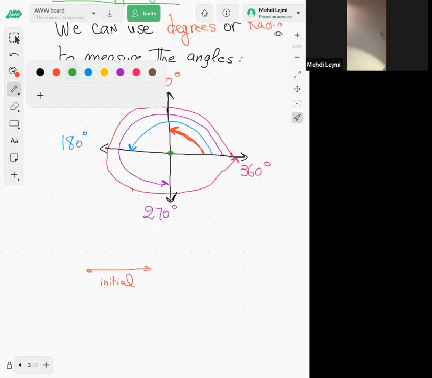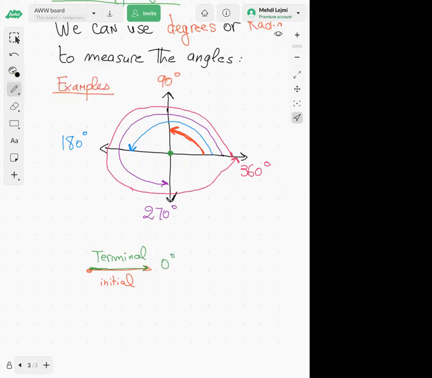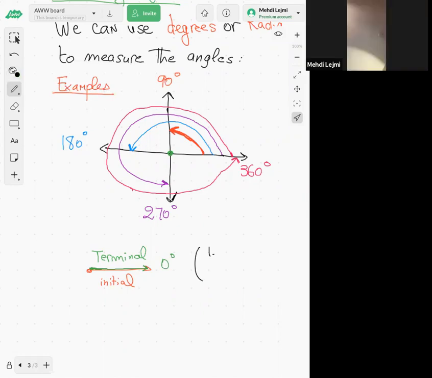If the initial and terminal sides coincide, then that will be the angle zero, right? So that's 0 degrees.